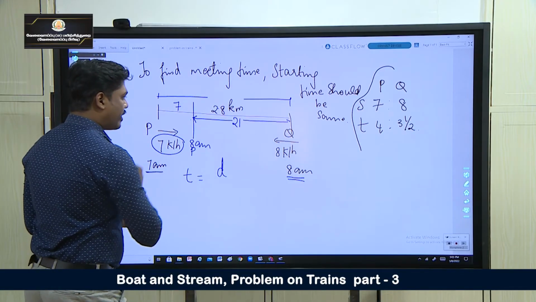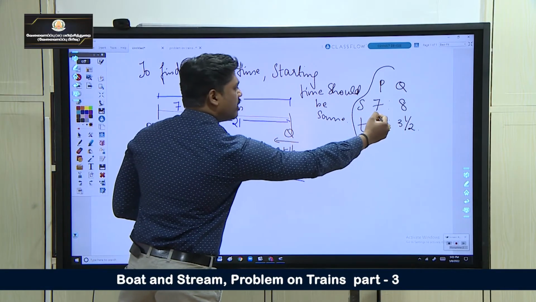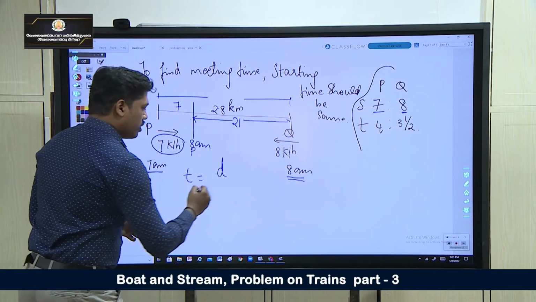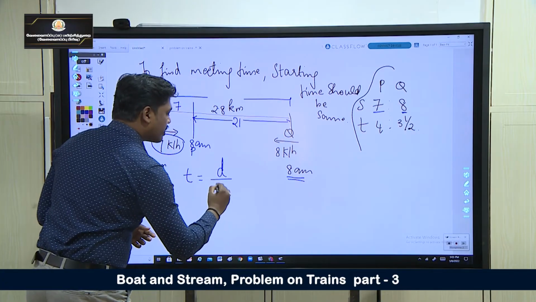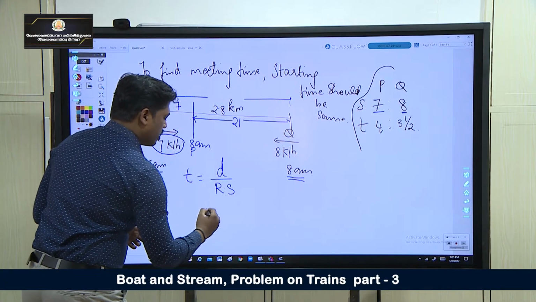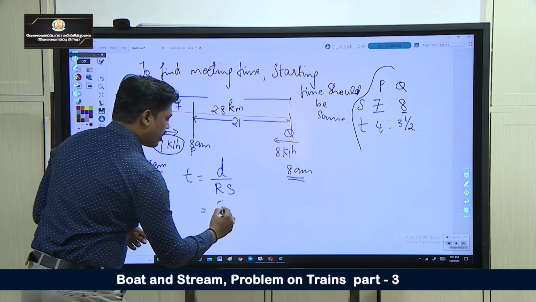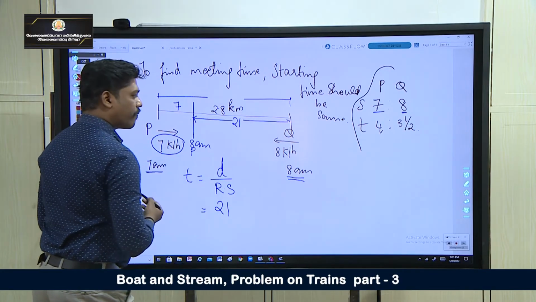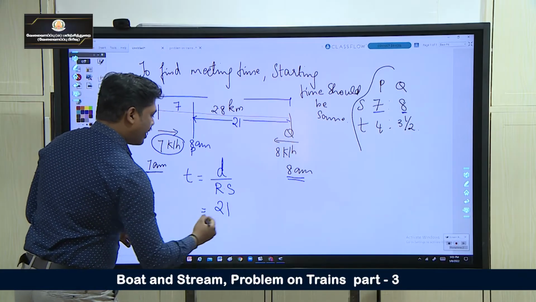P is moving at 7 km per hour based on the speed ratio, Q moving at 8 km per hour. So distance divided by relative speed. Distance is 21 divided by relative speed, 8 plus 7, you will be getting 15.